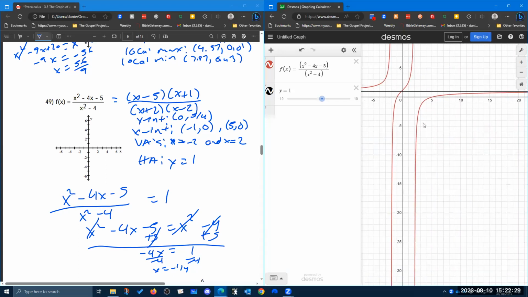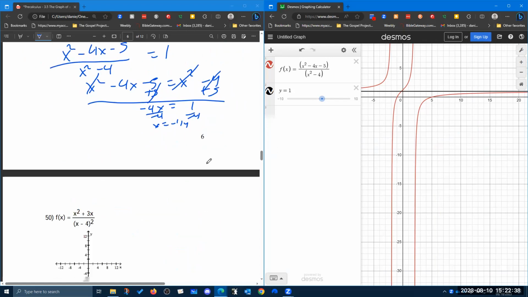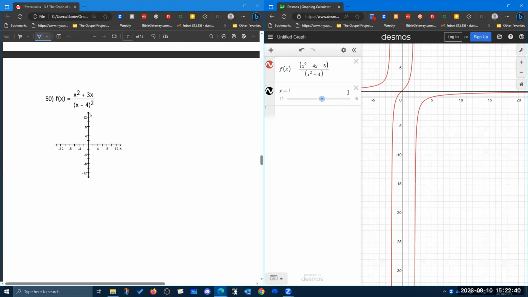As I'm approaching +2 from the left, I'm going to positive infinity, and +2 from the right, I'm going to negative infinity.